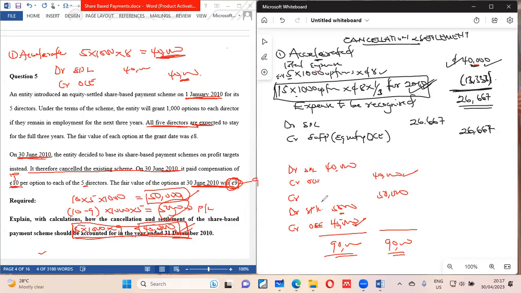So at the end of the day, you could clearly see that the OCE that we have done, you have two debits, which is 45,000. And you have this one, 40,000, that is canceling off this 40,000. Then there is a remaining 5,000 corresponding to this 5,000. This is a debit. That one, the remaining 5,000, is the credit.